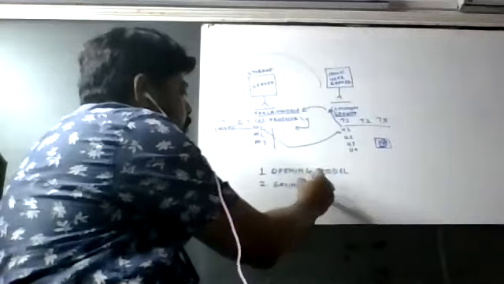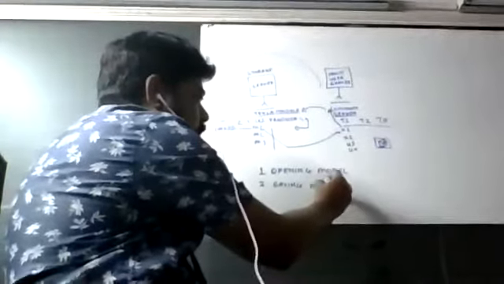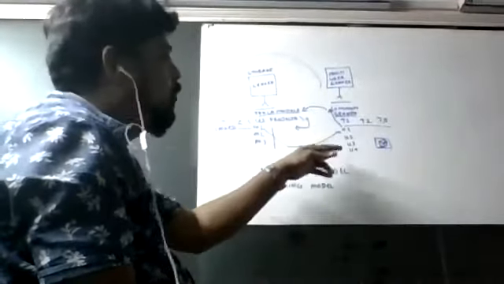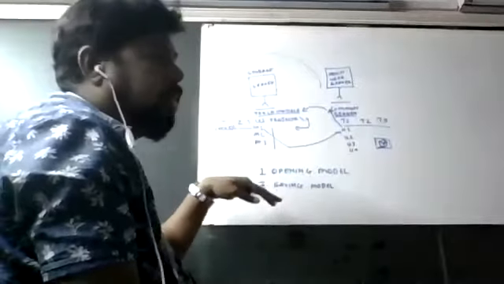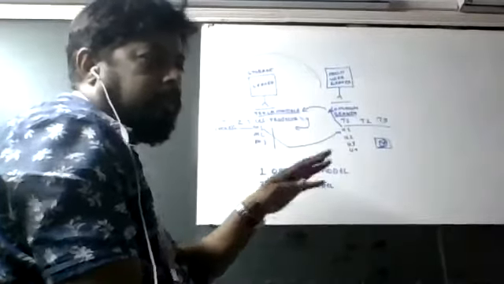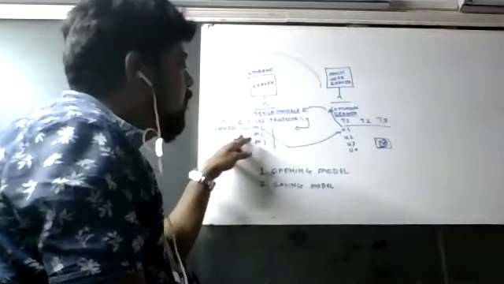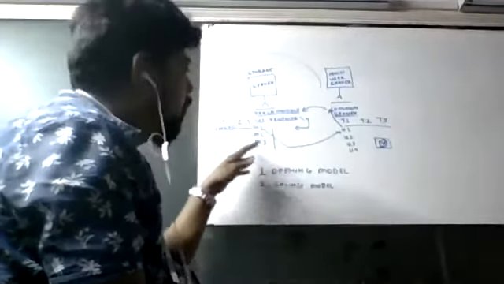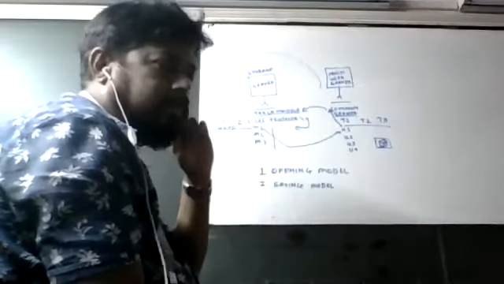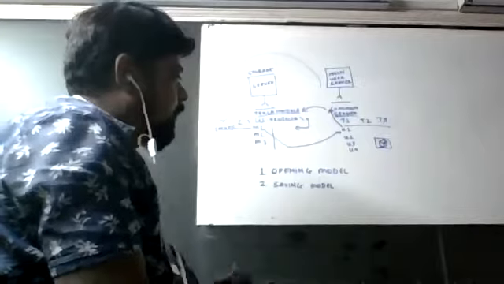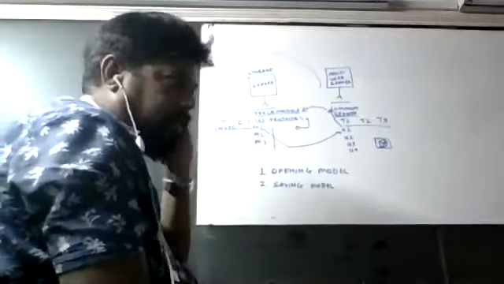For saving also, the same thing: you have to save one by one. If all save at once, then the connection will be lost or the model will be corrupted. So all the users have to save one at a time.